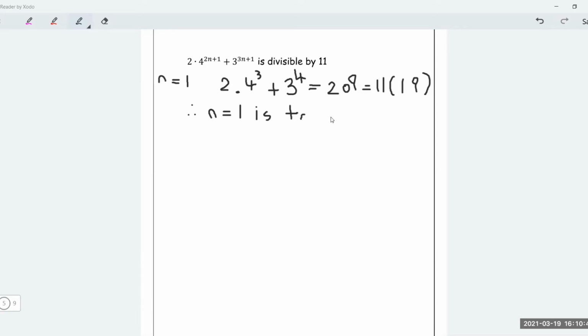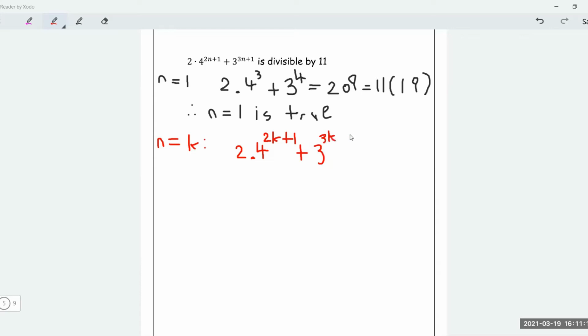Next, we need to go to our assumption stage, which is for n equal k. So for n equal k, what we're gonna write now is that we have 2 times 4 to the, replace n with k, 2k plus 1, plus 3 to the 3k plus 1.